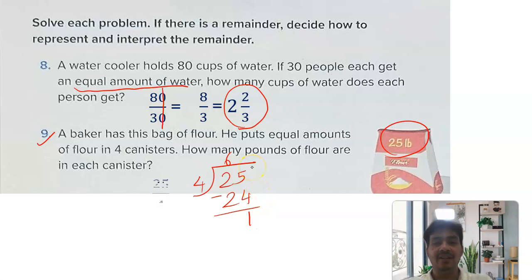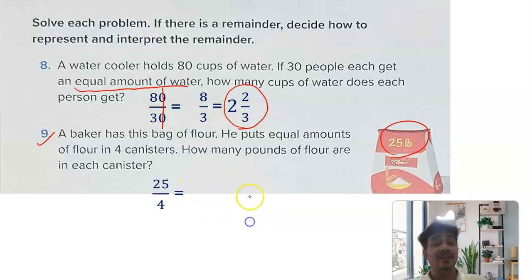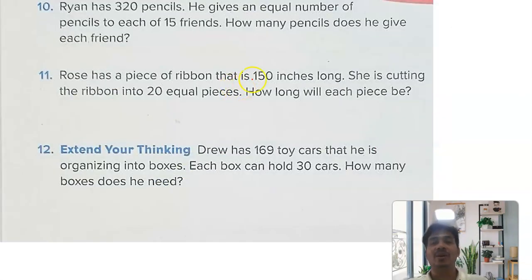So in this case, the final answer will be remainder or fraction. It is pounds, a measurable quantity, so we write it as a fraction: 6 and 1 by 4. Okay. Let's go to the next question.